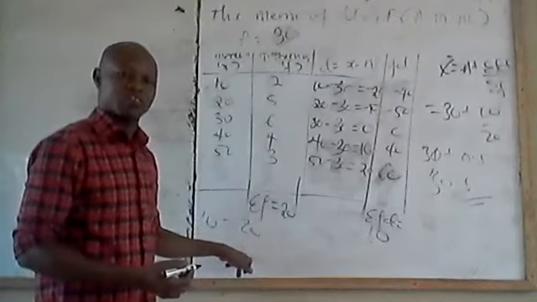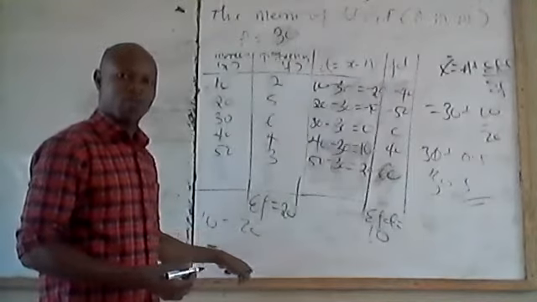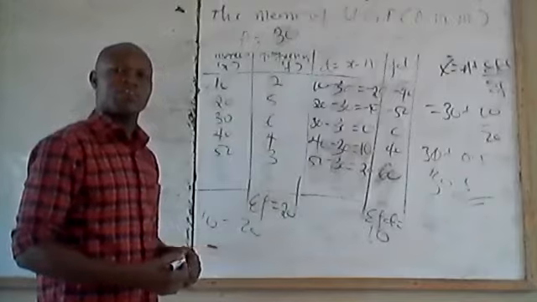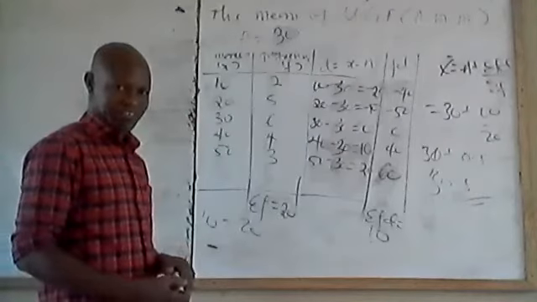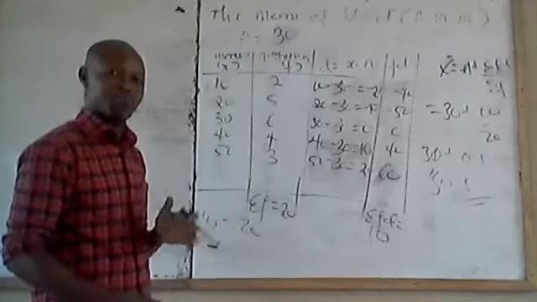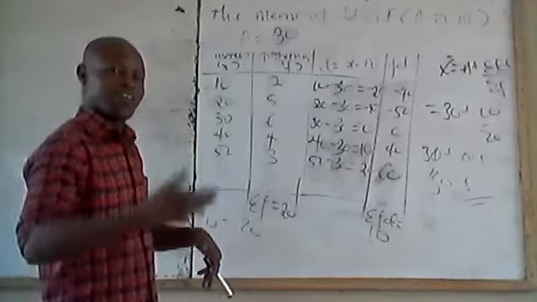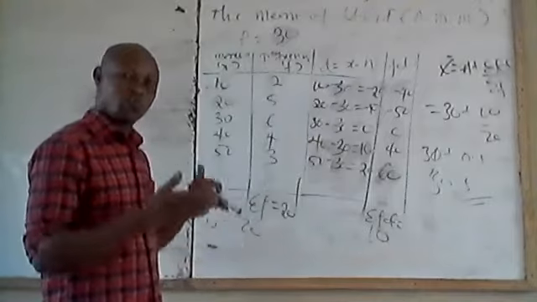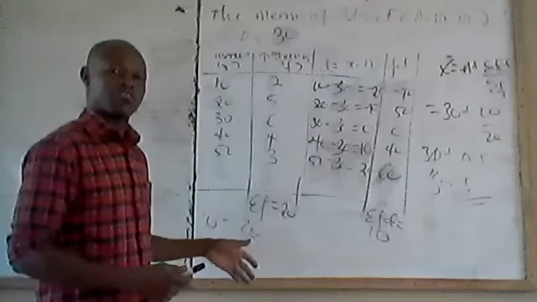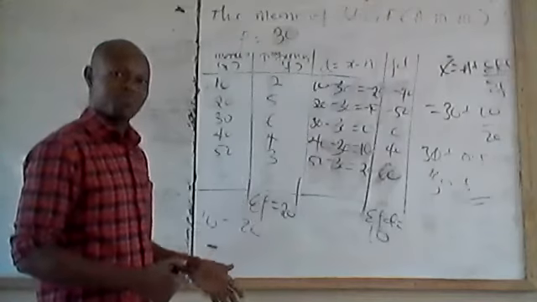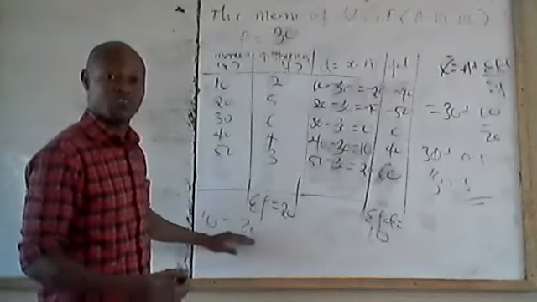So in this situation, we are required to determine the class midpoint. Remember, we have dealt with the concept of class midpoint. So in the next section, when we look at the grouped frequency distribution, we shall apply the concept of class midpoint, because the figures come in a range of two numbers.